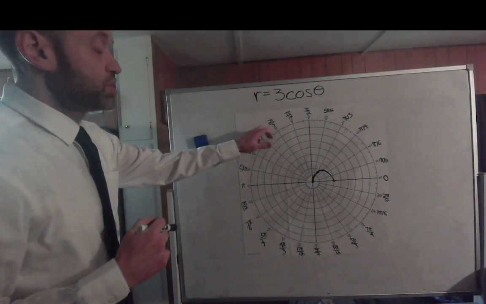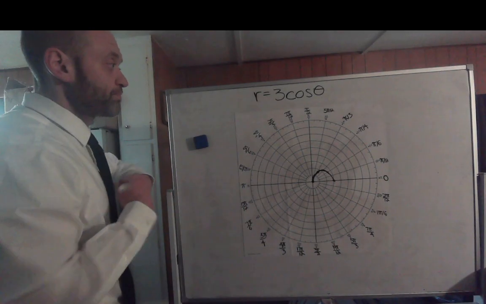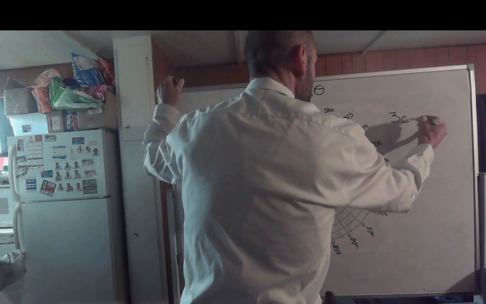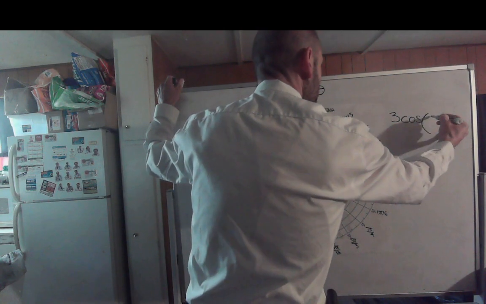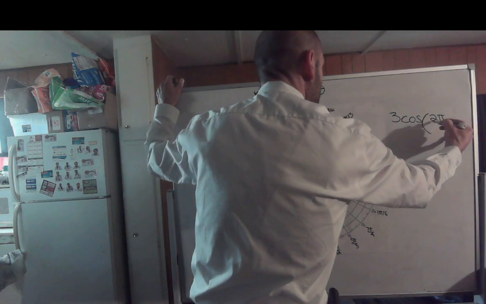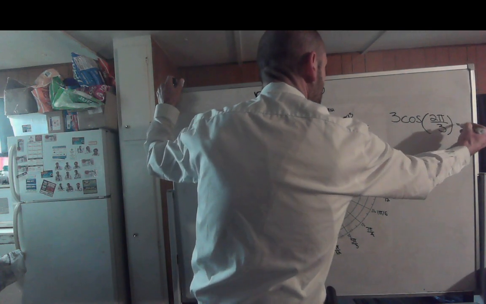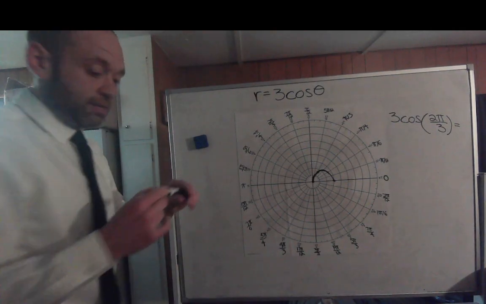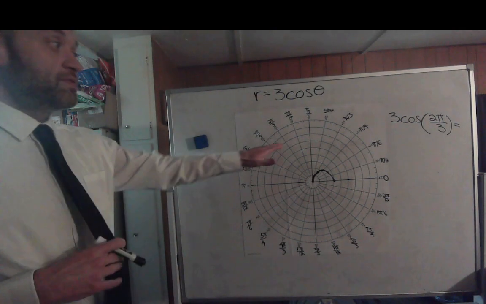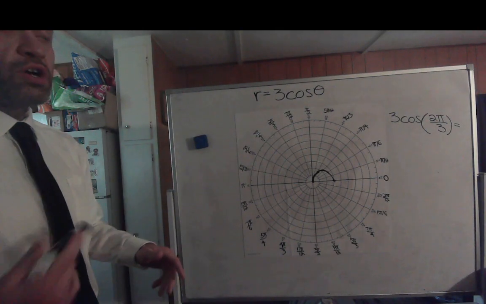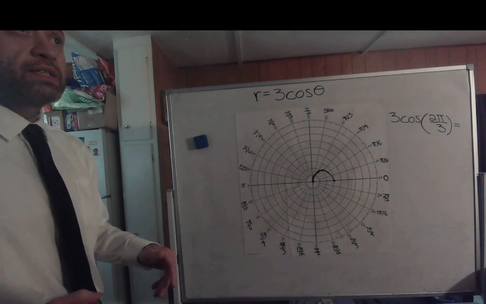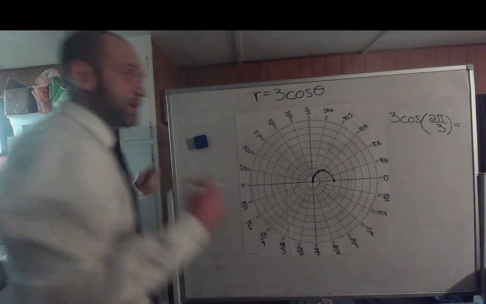Now let's go to 2 pi over 3. So let's say I put in 3 times the cosine of 2 pi over 3. Well, cosine, keep in mind, is going to be negative in the second quadrant. The cosine of pi over 3 is 1/2. If you negate that, you'll get negative 1/2.